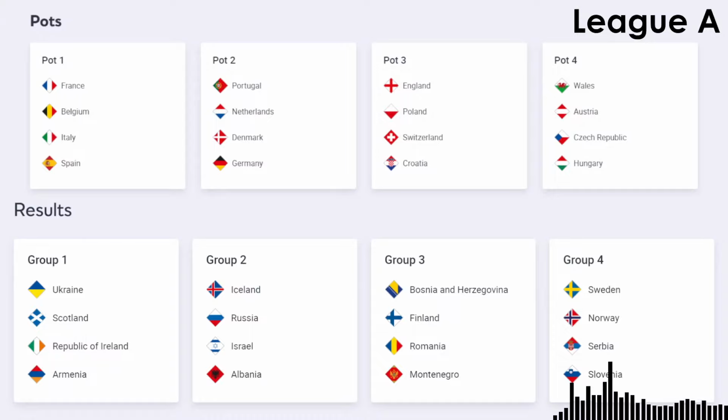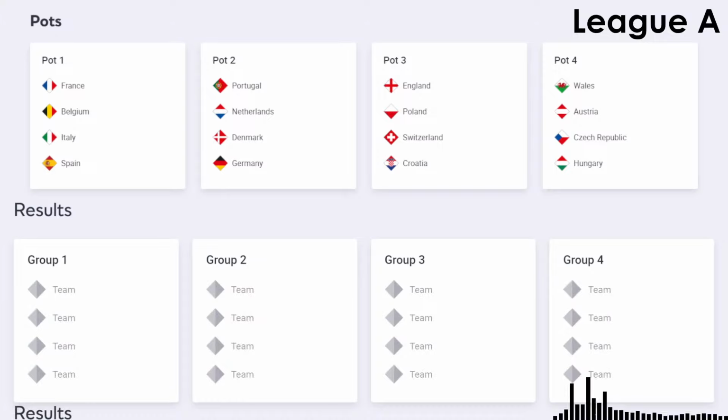The draw begins here with Pot 4: Wales, Austria, Czech Republic, Hungary. Austria on Group A1.